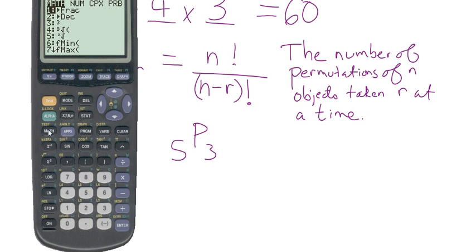I want to get over to PRB, which now I can go 3 to the right or 1 to the left. So I like going left. And it's number 2. You can either hit a 2 or a down arrow. So 2 will be faster because it'll just bring the function right in. So 2 and then 3. So we're going 5 nPr 3, right? So the first number is the n and the last number is the r, and you hit enter and you get 60, right? It calculates it for you directly.